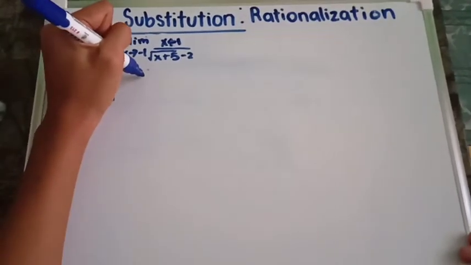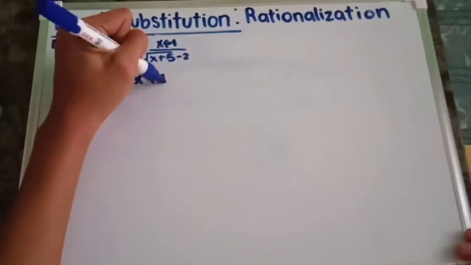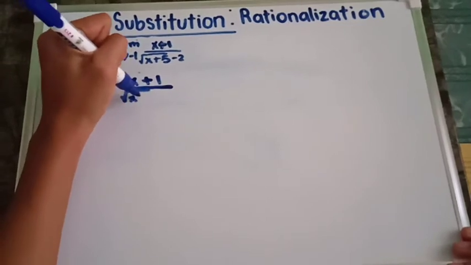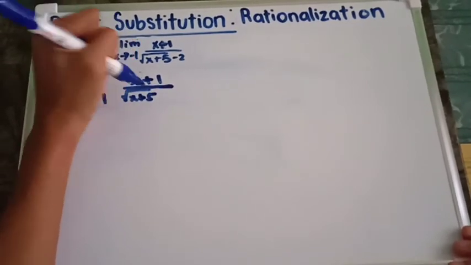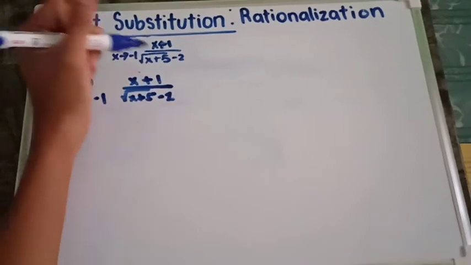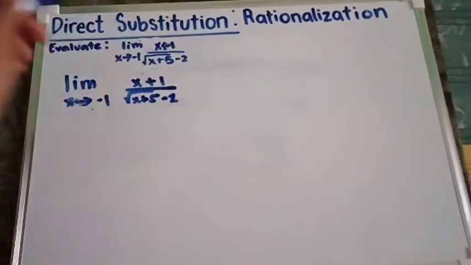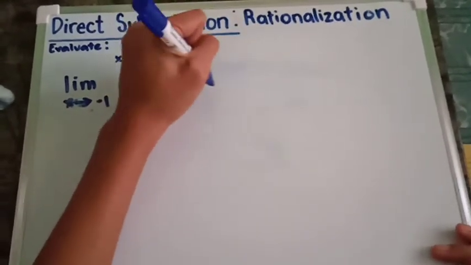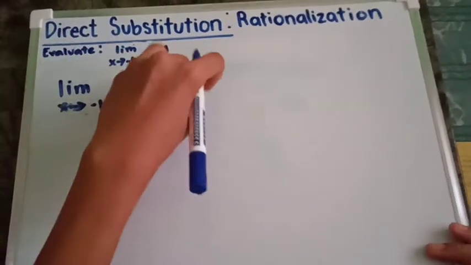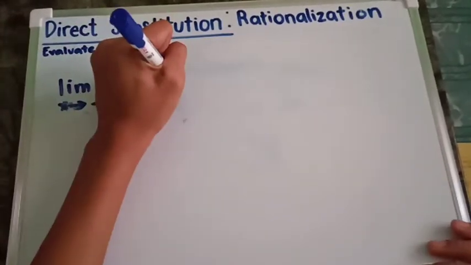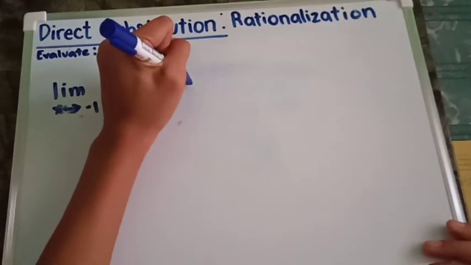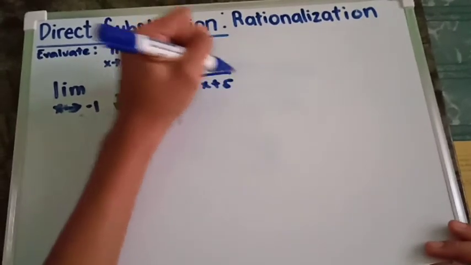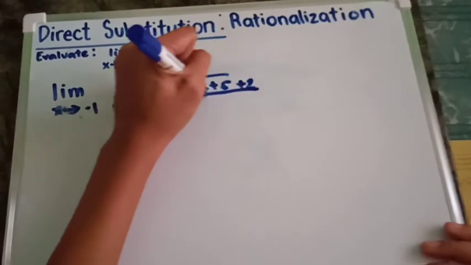So using the rationalization rule, multiply the numerator to the denominator. The sign of minus 2 is going to be plus 2. The sign will change because according to the rule, the sign should be changed when multiplying the square root.